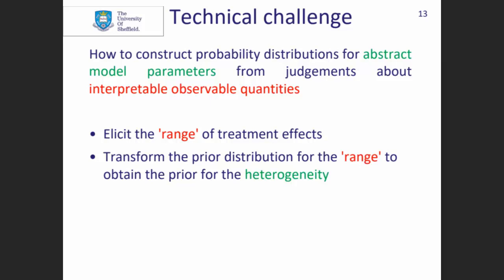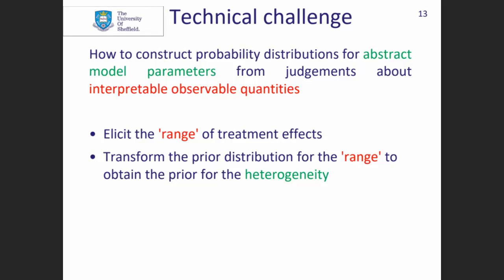Yeah, and research have shown that instead of asking opinion about model parameter, it's much better to ask for information on observable quantities, which experts find easier to interpret. So in our case, this would require elicit the range of the treatment effects among studies, and then transform the prior distribution for this range to obtain the prior distribution for the heterogeneity parameter. So let me summarize.